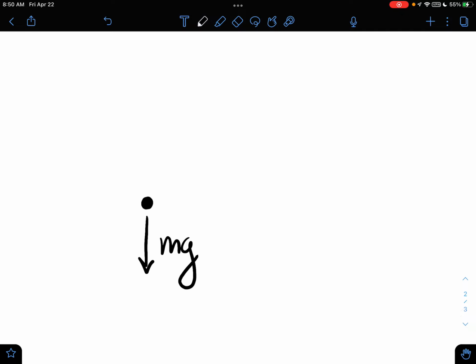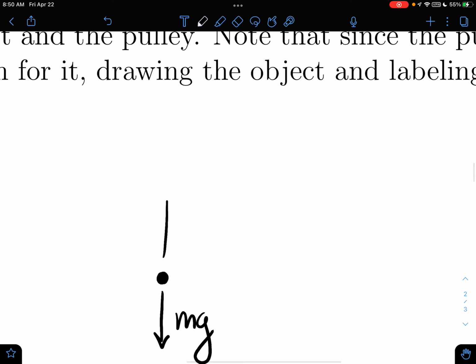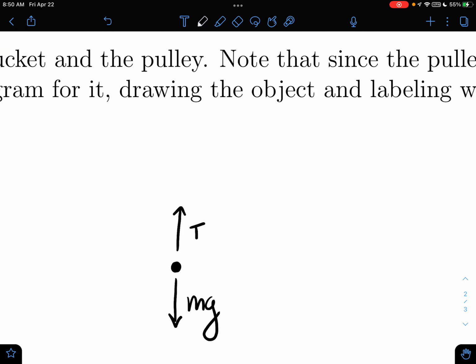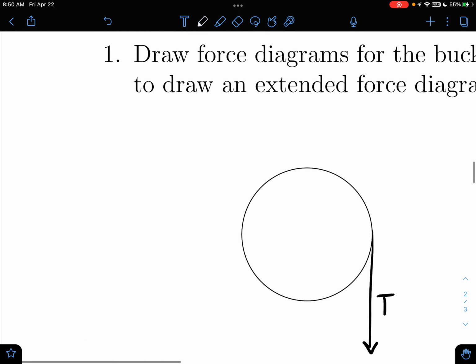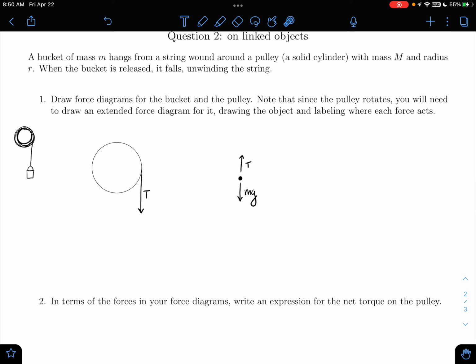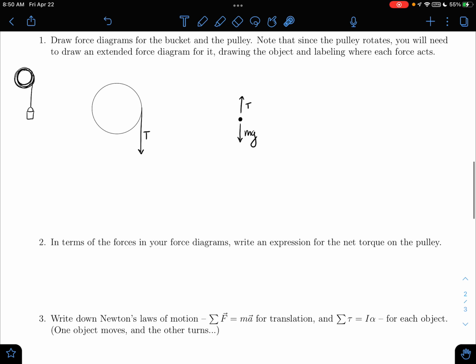We have gravity pulling our bucket down, and we have tension of that string pulling the bucket up, right? Because what's going on, we have our pulley, the string's wound around it, and it comes down, and here's our bucket, right? And it's unraveling down this way, so that's the force of that tension.